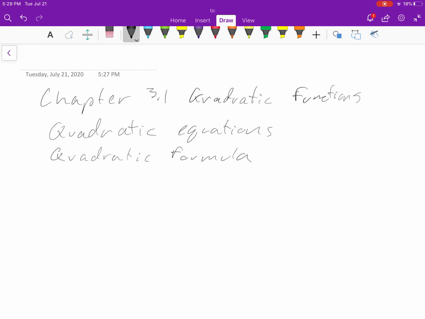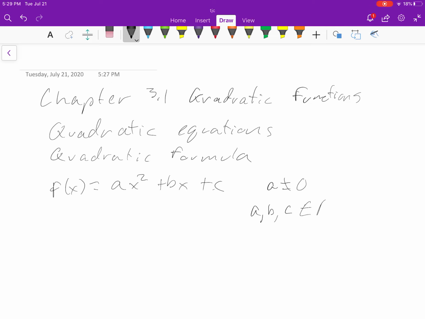So we have some function, and this function is a quadratic function, so it can be written like this. Any function that's written like this where a does not equal 0. Other than that, a, b, and c can be any real numbers.